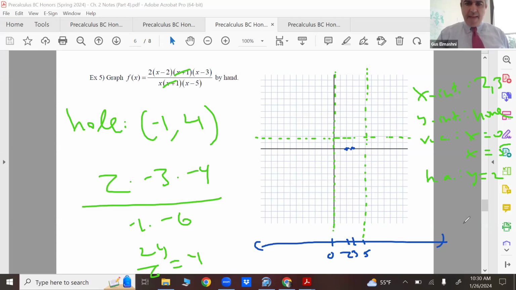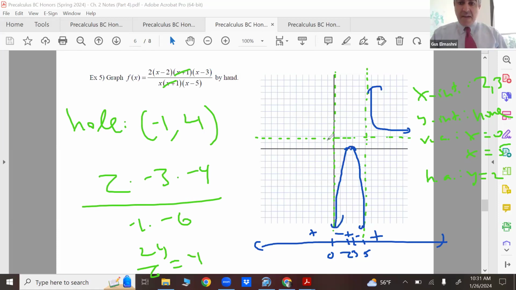And then, as I said, let's test the rightmost interval. If I plug in 6, everything's positive, right? Everything should alternate, right? Yeah, we can solve. Yeah, good. So here we go. It's gonna be a little bump up, right? That's terrible. That's why I need a stylus. Yep.